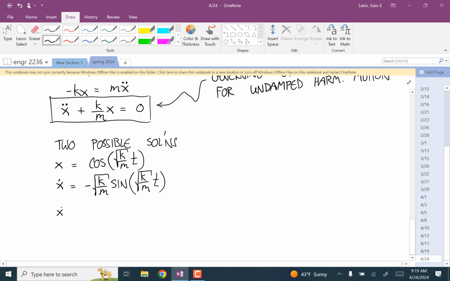Take the second time derivative, and you get negative k over m times the cosine of that argument. Okay? And so negative k over m cosine plus k over m times cosine is equal to 0, so that works.